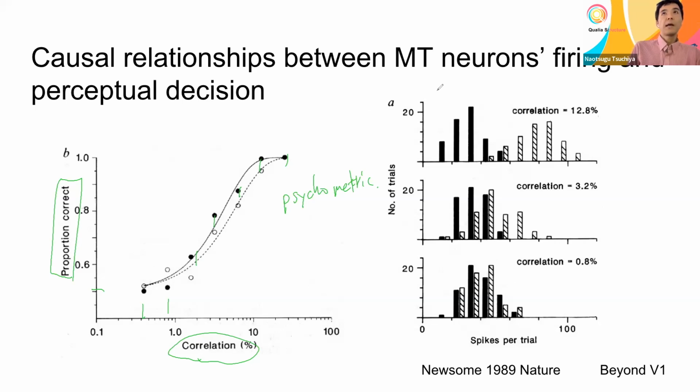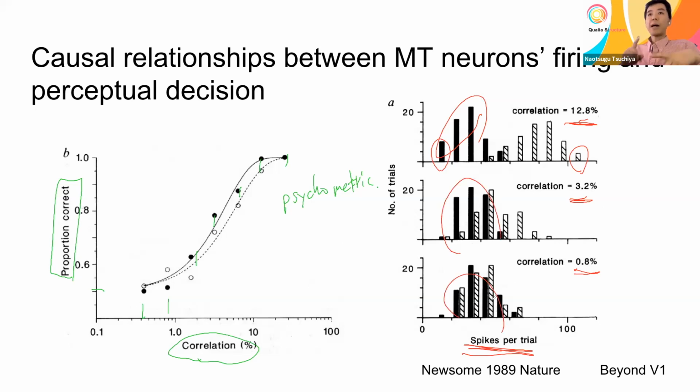That's the black dot. On the other hand, if you just record the neurons, which respond sometimes a lot, sometimes very little, the x-axis of this figure is the number of spikes of firing per neuron. They change the strength of the stimulus from 0.8 to 3.2 to 12.8, and compare that with the case where they presented the motion stimulus in the opposite direction, and that's this black distribution.